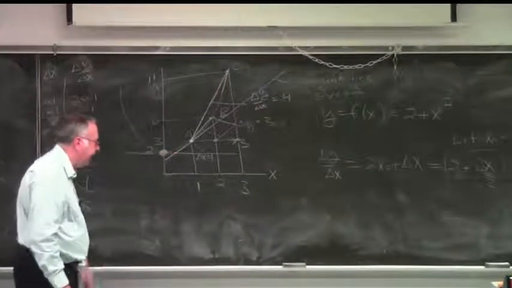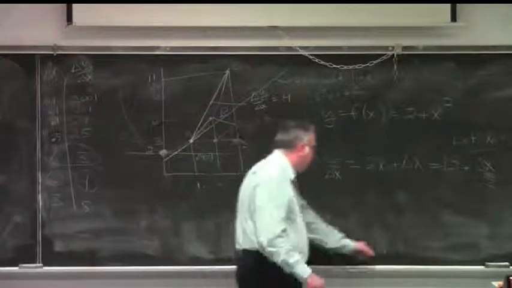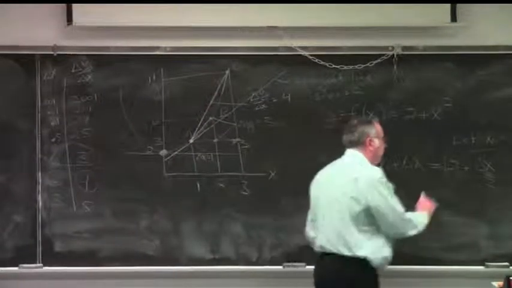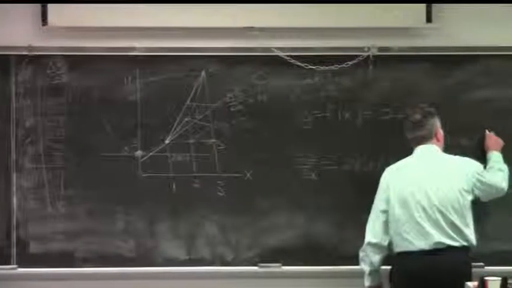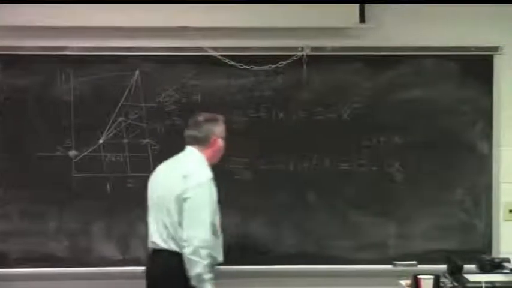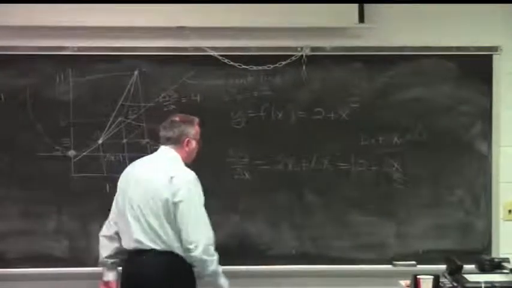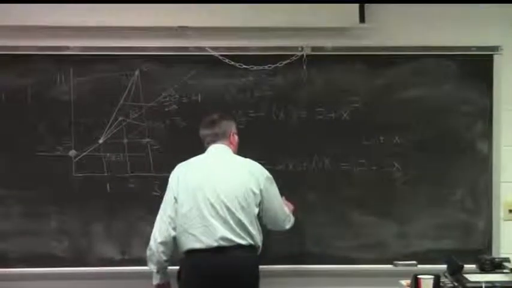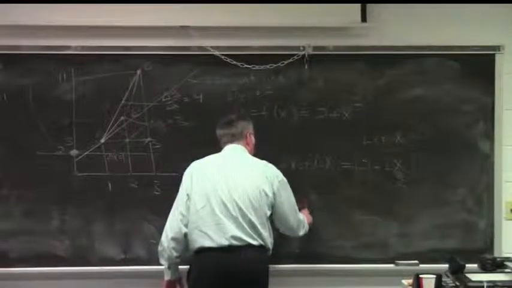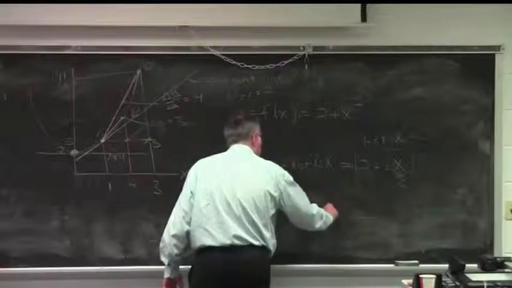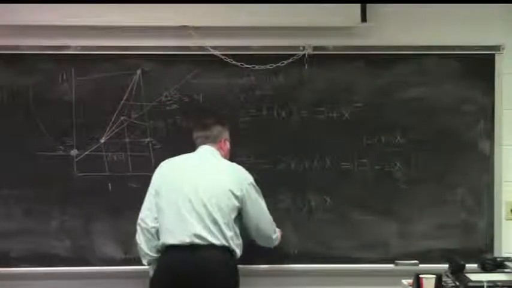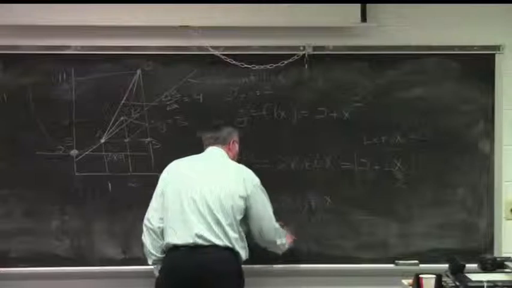Let's just verify that mathematically. If we let x sub 0 be 0, we can plug into our formula. Delta y over delta x is equal to 2 times 0 plus delta x, or it's equal to delta x. That's the difference quotient.